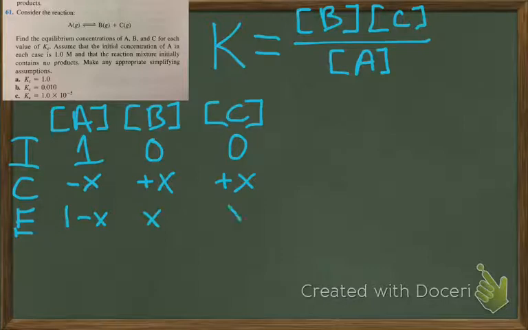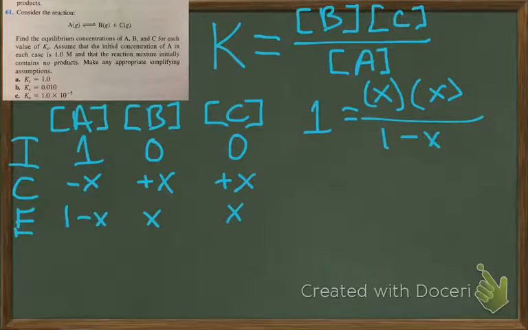And C? Okay. Now we're going to take this information and plug it into our equilibrium expression. It says for A, use K equals 1. All right, fine. So 1 I'm putting in for K. Now that equals, what's my equilibrium concentration of B? x. So x times x divided by 1 minus x.